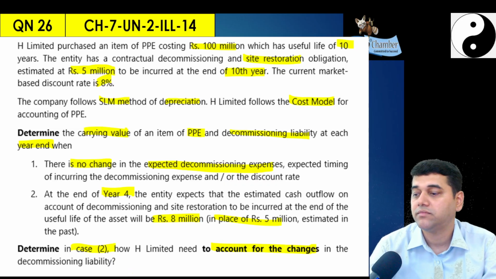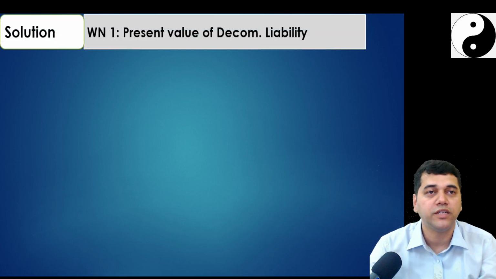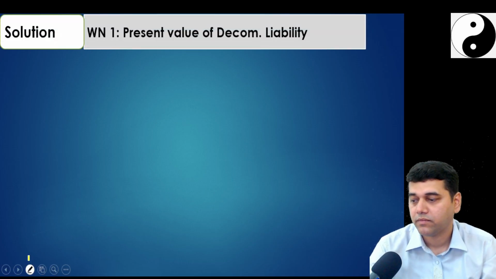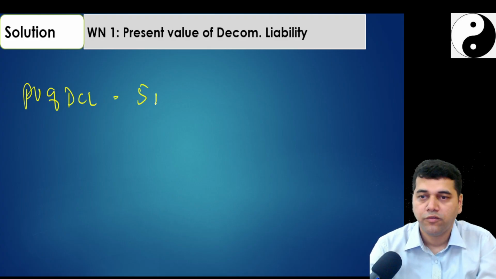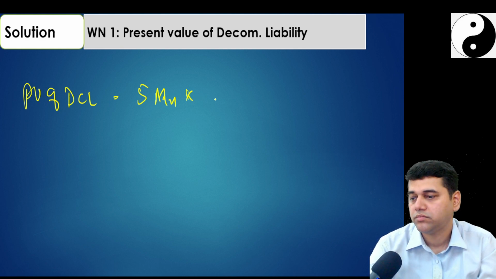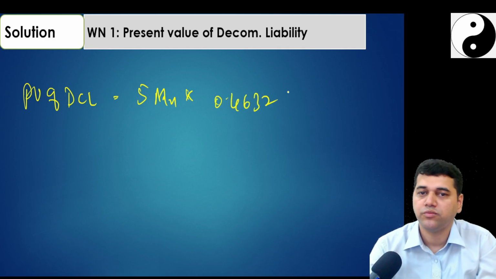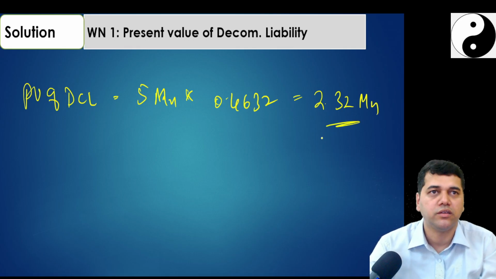Step 1. Present value of the decommissioning liability. Present value of DCL is equal to 5 million into 0.4632, 2.32 million. We'll write in millions only. Big number.